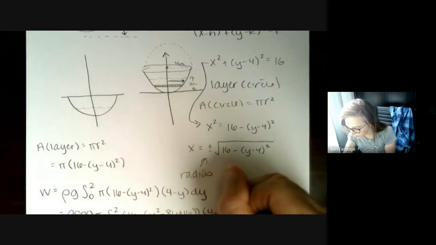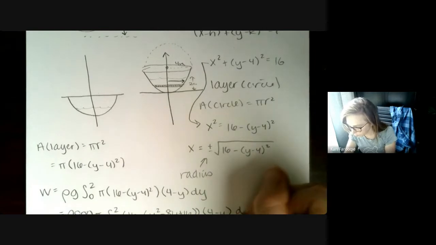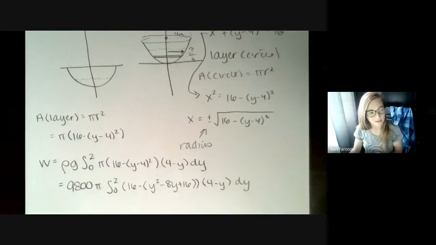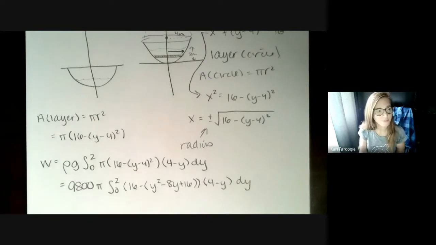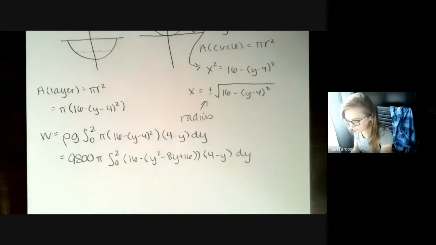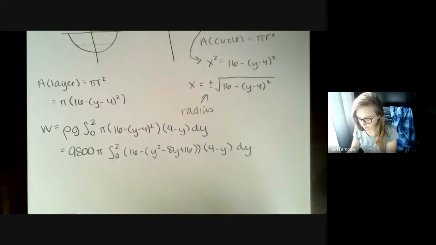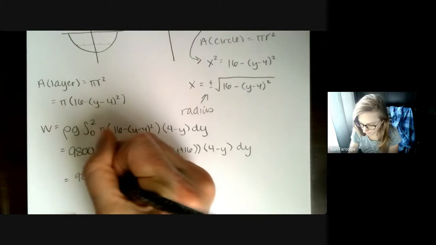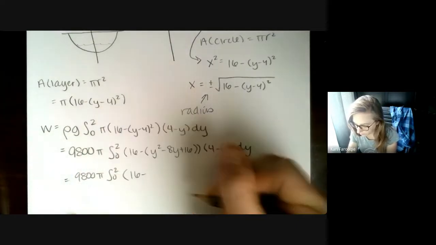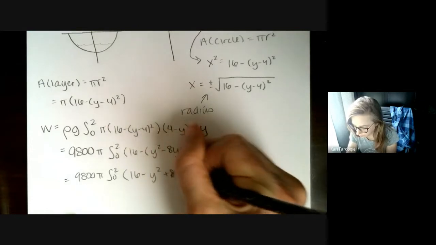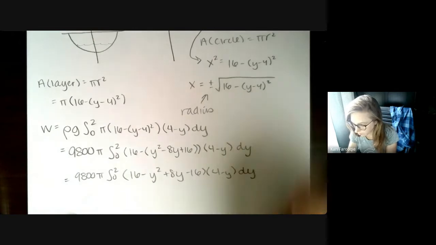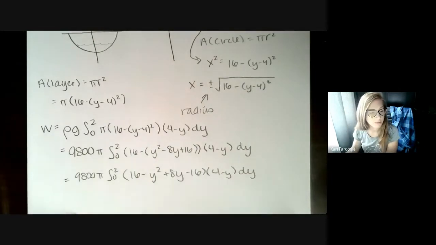And then this is getting multiplied by 4 minus y dy. So we have 16 minus y squared plus 8y minus 16 multiplied by 4 minus y dy.